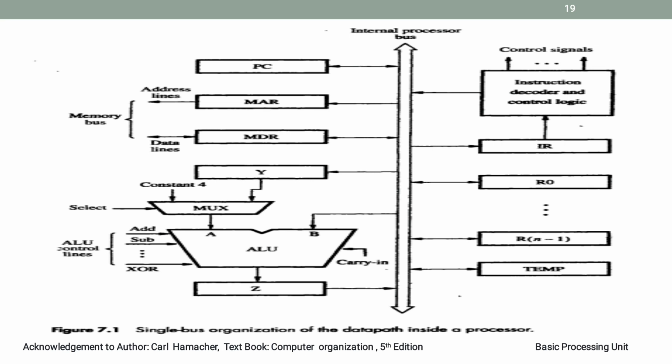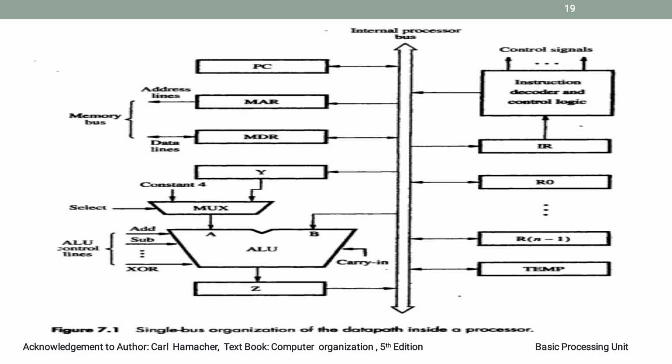In each step, different parts of the processor will be activated and they will perform the actions needed to execute the given instruction. That brief discussion we shall have first, and next we shall go to the actual discussion of the control sequence.